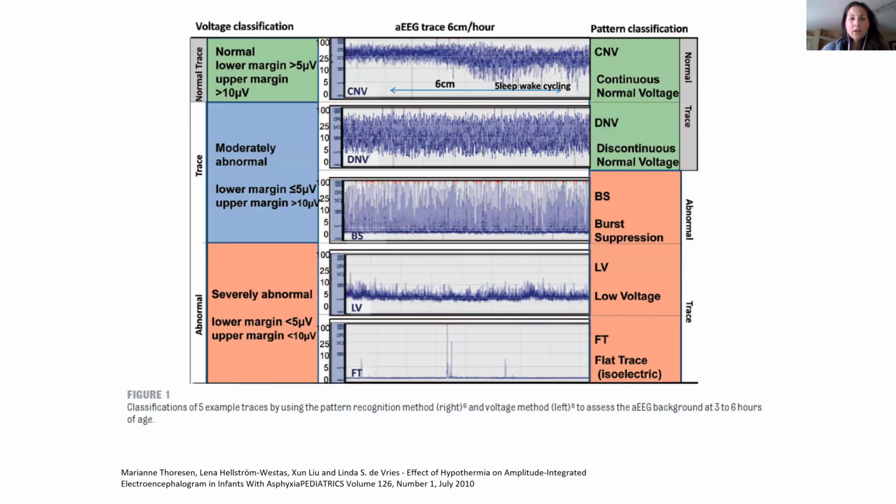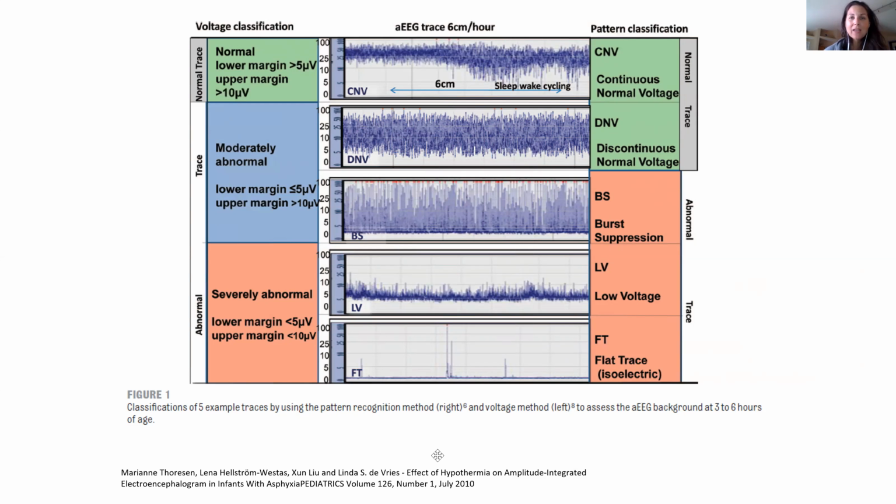All right, so probably all of you have seen this paper. If not, this is a great paper by Mariana Thorenson, Linda DeVries, Lena Hellstrom-Westas. And they wanted to look at that old voltage classification, and they wanted to look at pattern classification, and they wanted to look at cooling babies, because a lot of the original research was done in an era where we didn't yet cool babies.